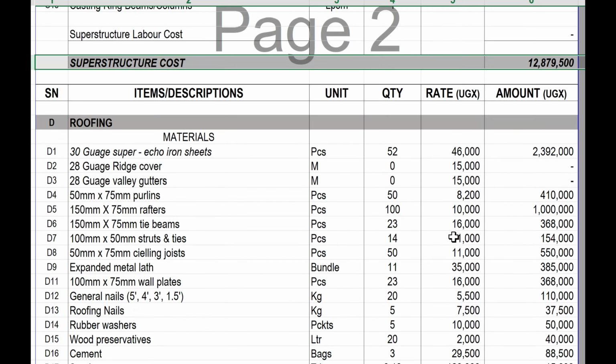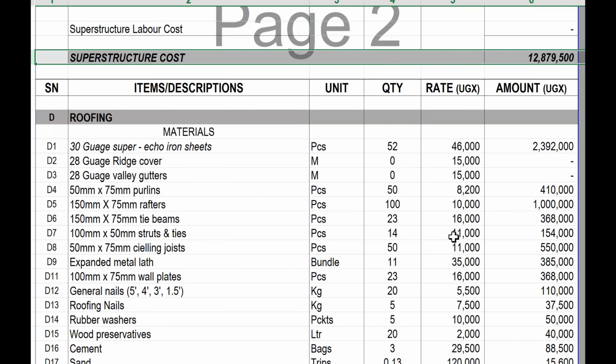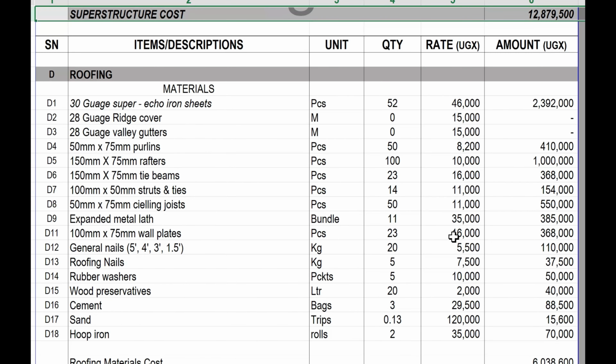Going on, we go to another item, which is the roofing, and we have considered a 30 gauge super eco iron sheet for this specific design.